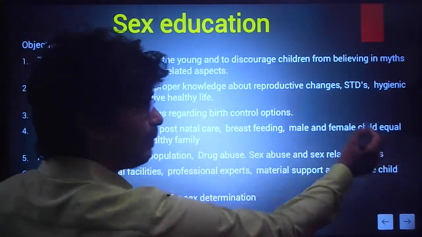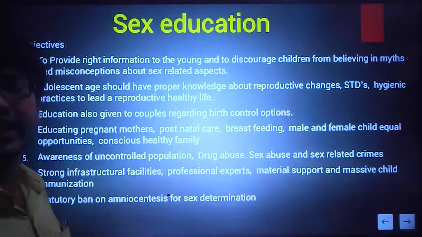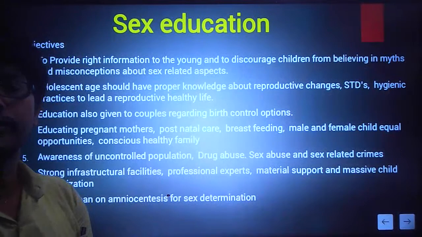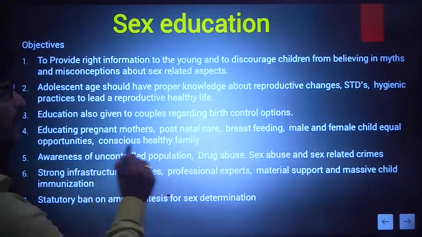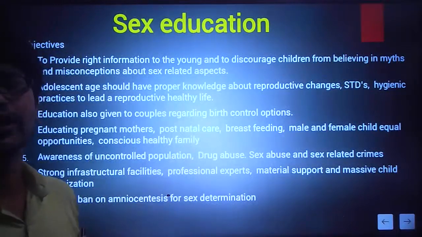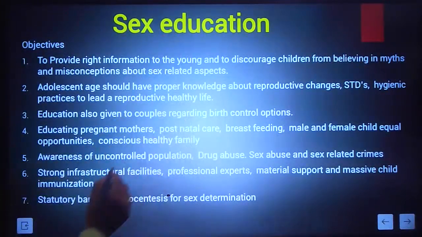So any child, male or female, has to be given equal opportunities and treated equally. There should not be any discrepancies or partiality between the male child and the female child. And a health-conscious family should be extra cautious and conscious; family planning is very, very important as far as sex education is concerned.